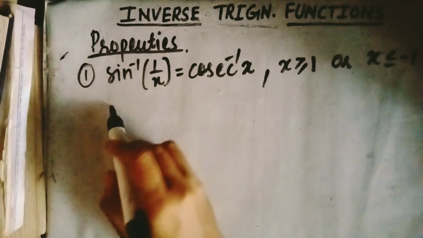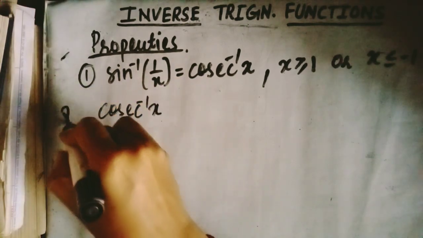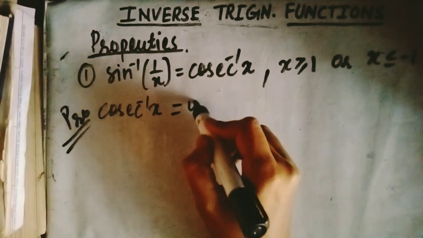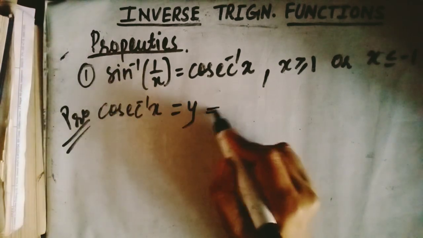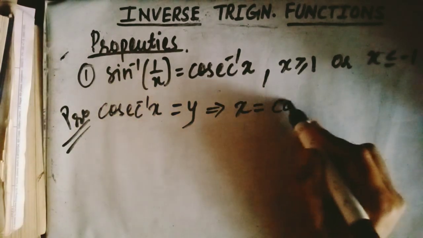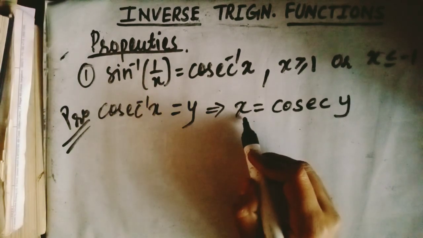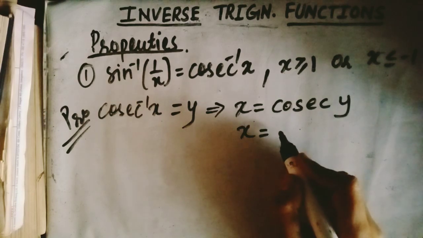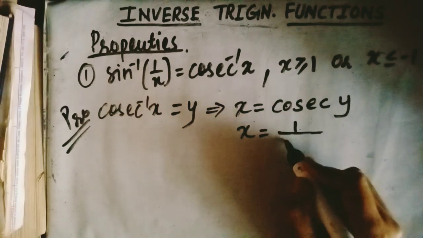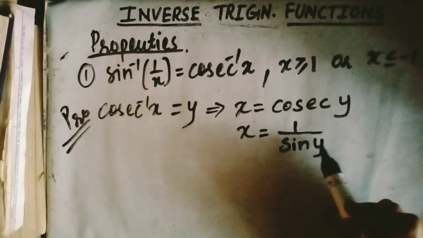Now we have to put this cosec inverse of x equal to some y. So our x is cosec of y. Now cosec of y means this is 1 upon sine of y, because cosec is 1 upon sine y.